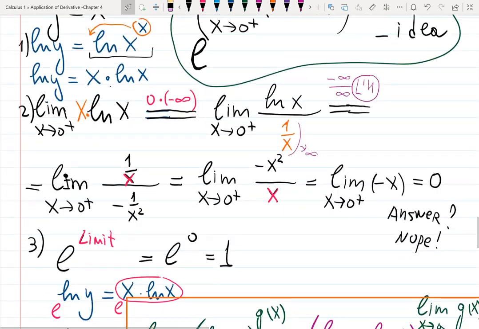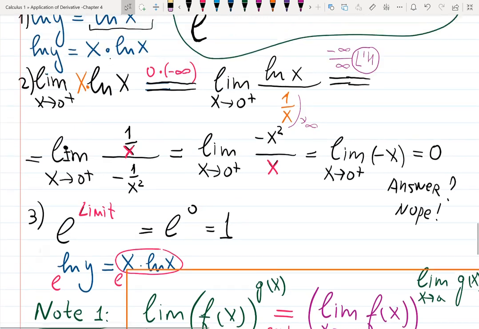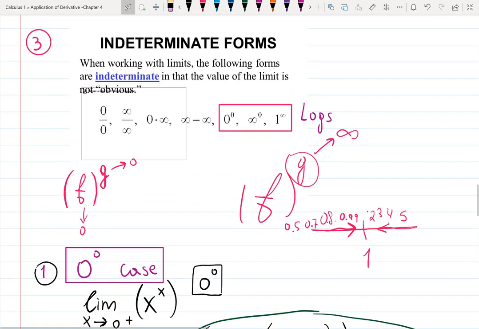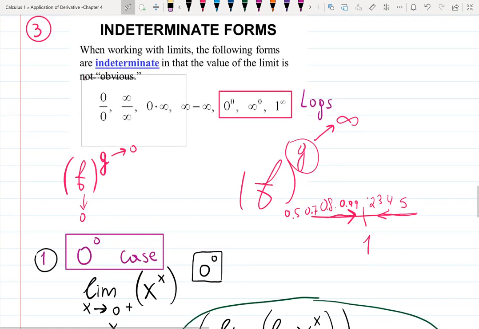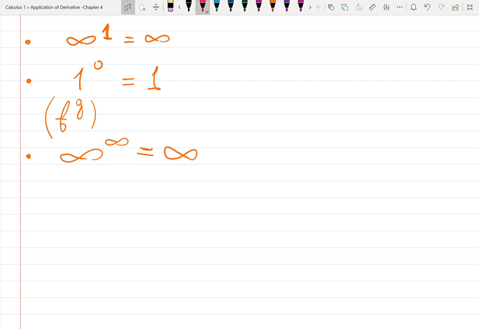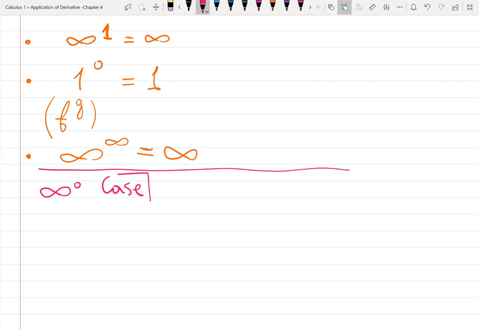We still need to go to the next two. Let's move a little bit faster. One more example: the infinity raised to the 0 case. Example 2.